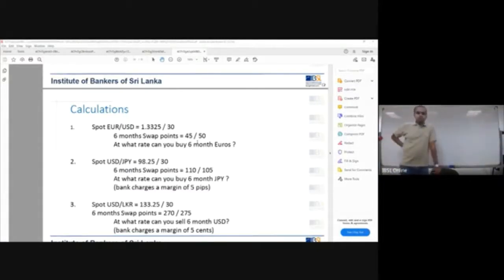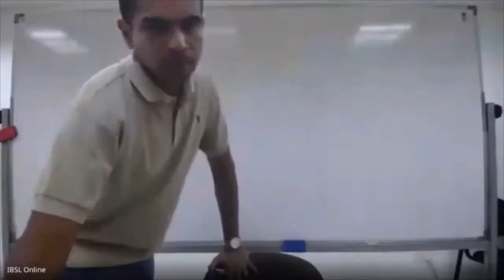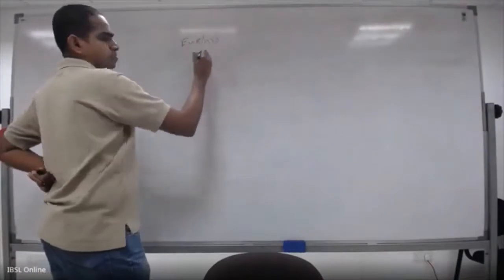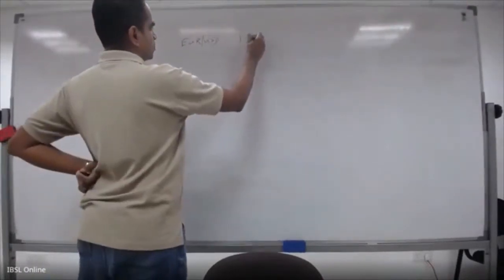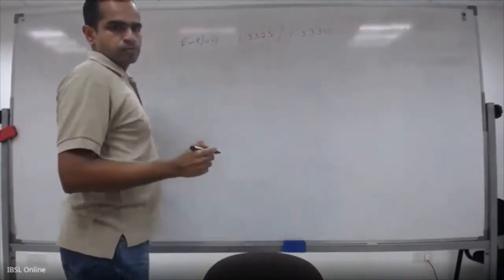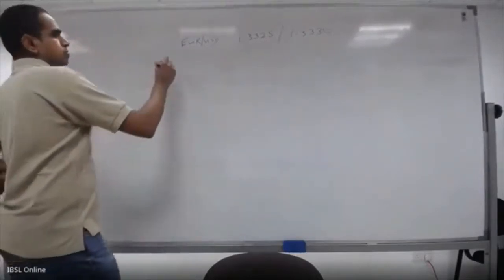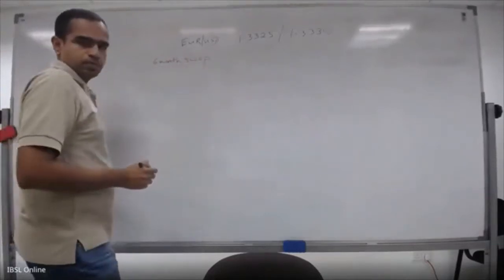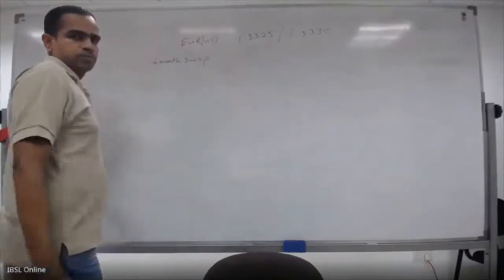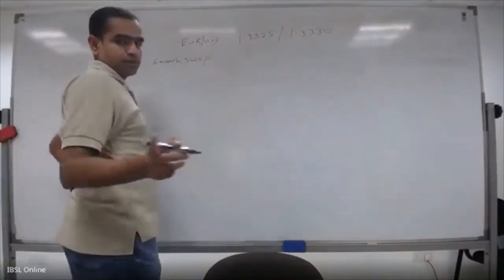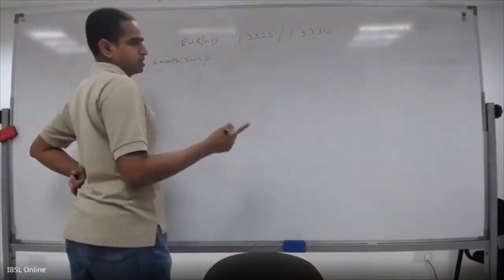Euro dollar 133.25, 30. 6 months swap point 45, 50. At what rate can you buy 6 months euros? Swap 45, 50 means you have to divide this by 10,000, and the bid is lower, offer is higher, so it's plus.